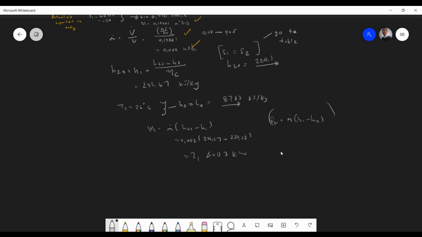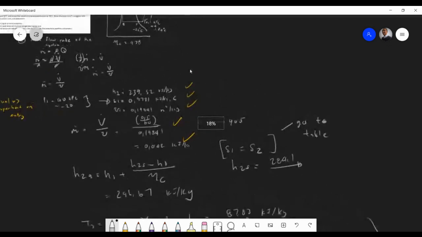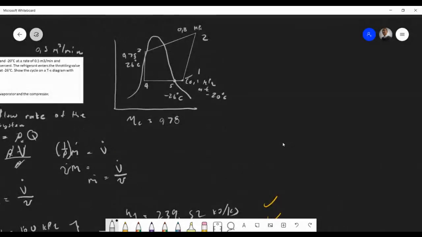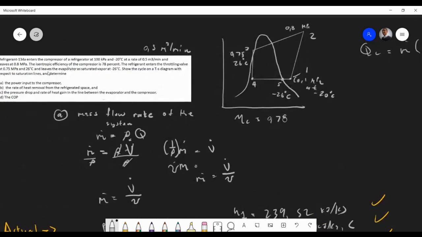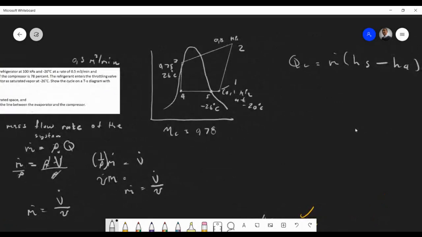So I deliberately just left that there. Remember, I talked about a new point 5 over here, right? And for us to find our QL, that is actually going to be H5 minus H4. And they said that it leaves the evaporator at saturated vapor at minus 26 degrees. So we need to go look at T5 at minus 26 degrees.